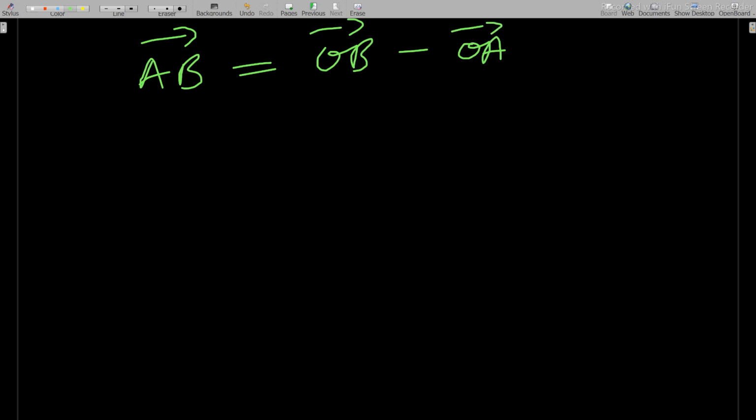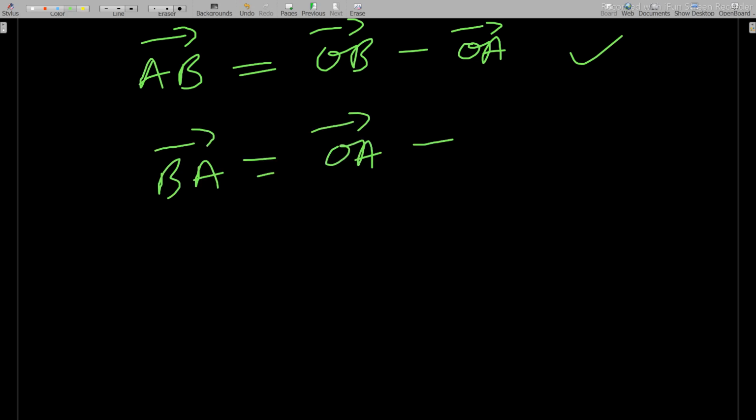So the formulas I wanted to teach you, in terms of position vectors: AB is always given by OB minus OA. This formula always works, so keep it. And BA is always given by OA minus OB.